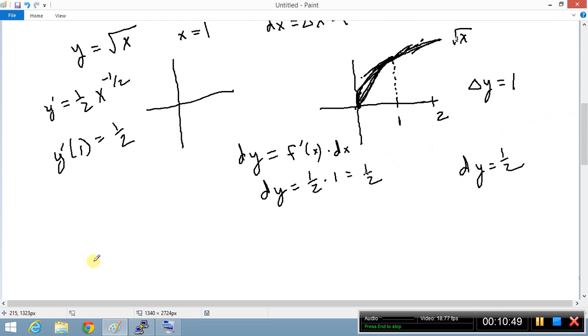We should do it in color. It's not going to happen tonight. Sideways for some reason. So let's see, this is our parabola, and this is 1. So the tangent line at 1, let's draw that in green.